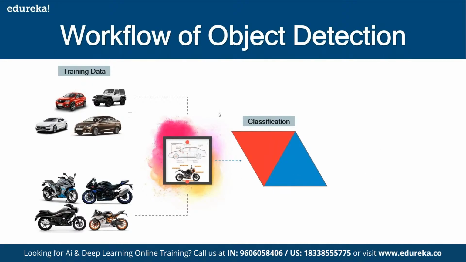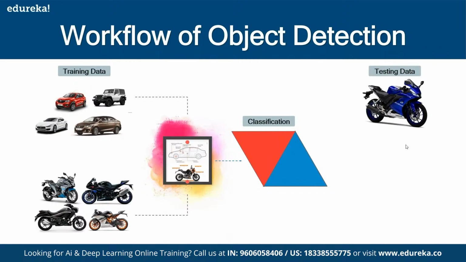Now, once I have trained my deep learning model, I'll use it for testing with new data. Let's say this is the new data that I have, which I have not used during my training. I'll send this new data to my trained model, and I'll be able to generate the outcome which says, okay, this input image belongs to the class of bike.